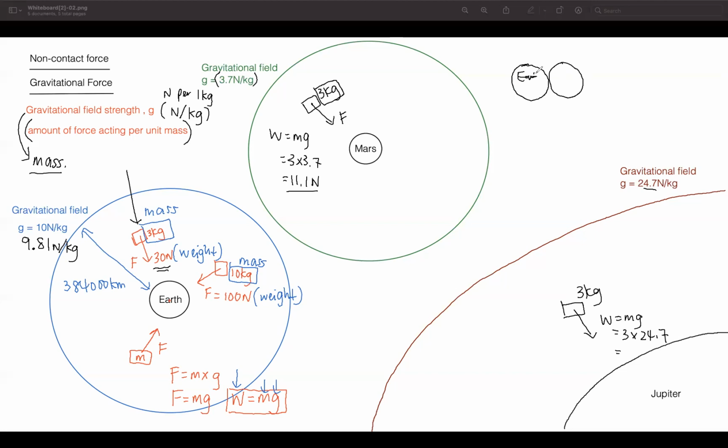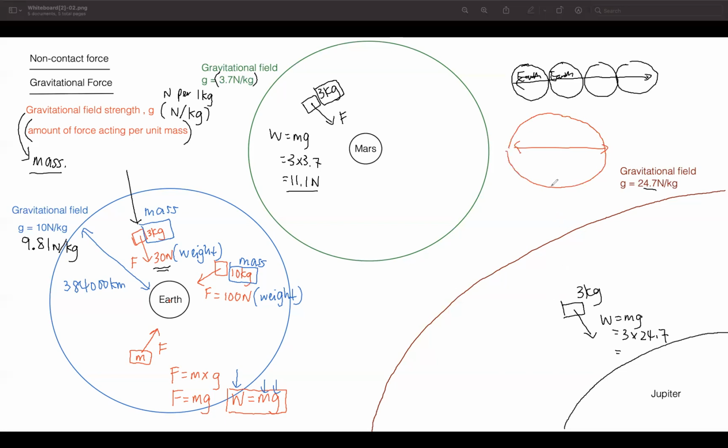This is one Earth, this is another Earth. 11 Earths side by side give you the diameter of Jupiter. That is the size of it. That is just the diameter. We haven't looked at the curvature of Jupiter.